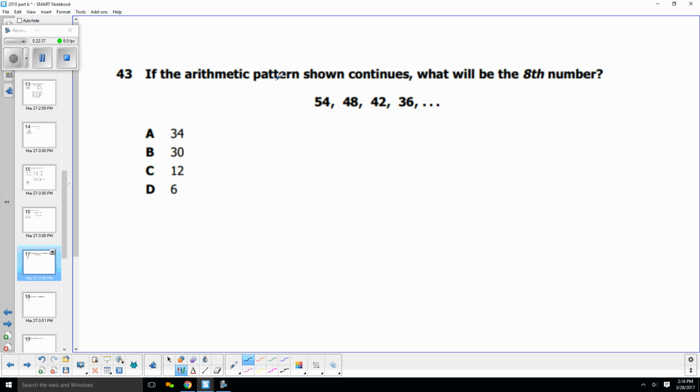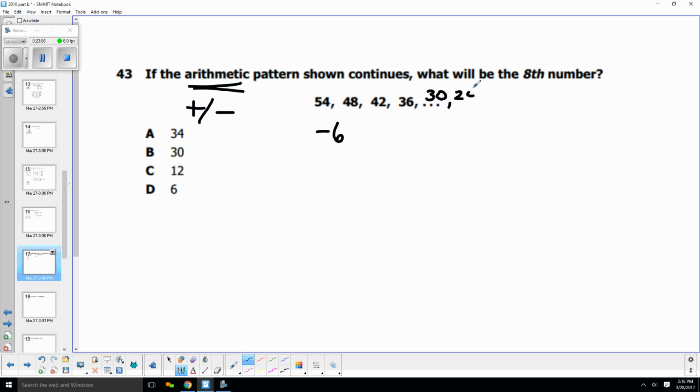43. If the arithmetic pattern shown continues, what will be the 8th term? Arithmetic means it's doing what? Adding or subtracting. So what am I going to do from 54 to 48? Subtract 6. Does that hold true for the next one, 48 to 42? Does it hold true for 42 to 36? So that's the pattern. Now what's the next number going to be?